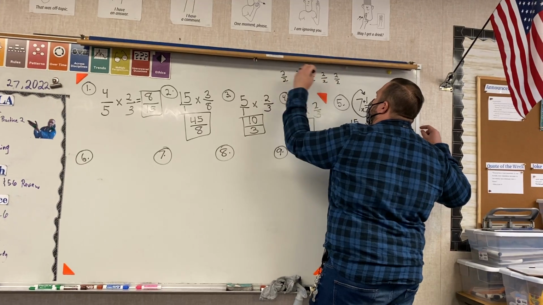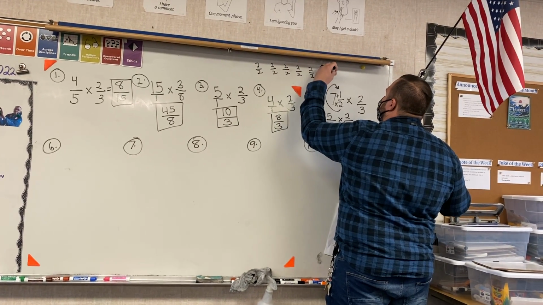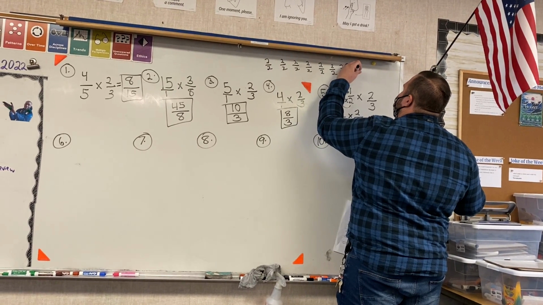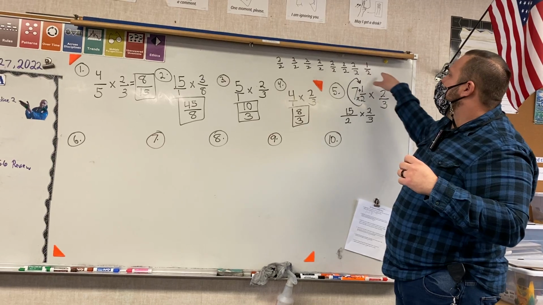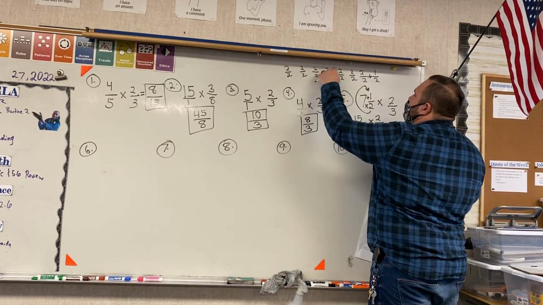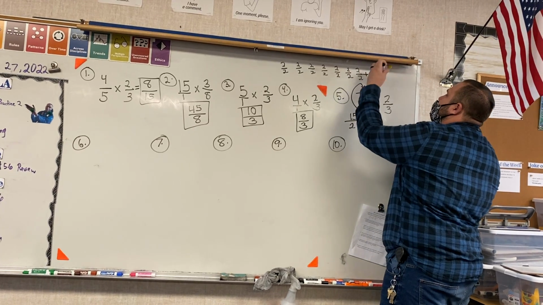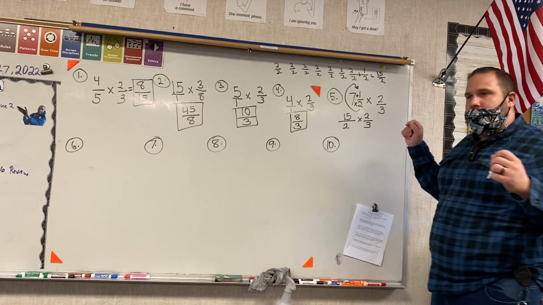Do 7 of those: 1, 2, 3, 4, 5, 6, 7. And then you have 1/2, right? So you have 7 2s over 2, and you have 1/2. When you add those all together, 2, 4, 6, 8, 10, 12, 14, 15, you get 15, and that denominator stays the same. So that's the other way you could do it.